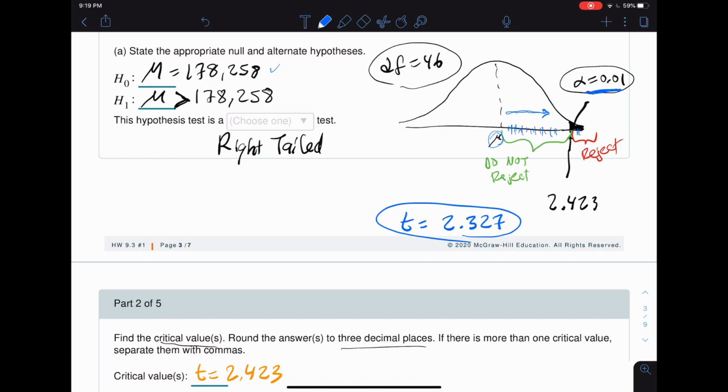Well, that's definitely smaller than the critical value 2.4, right? 2.3 is smaller than 2.4. So it plots to the left somewhere, I don't know exactly where, but it's definitely to the left. So somewhere over here, which means you're in the do not reject region.